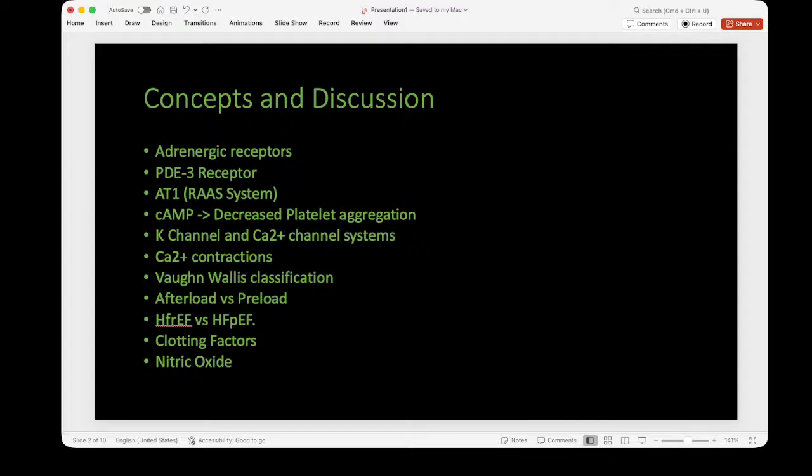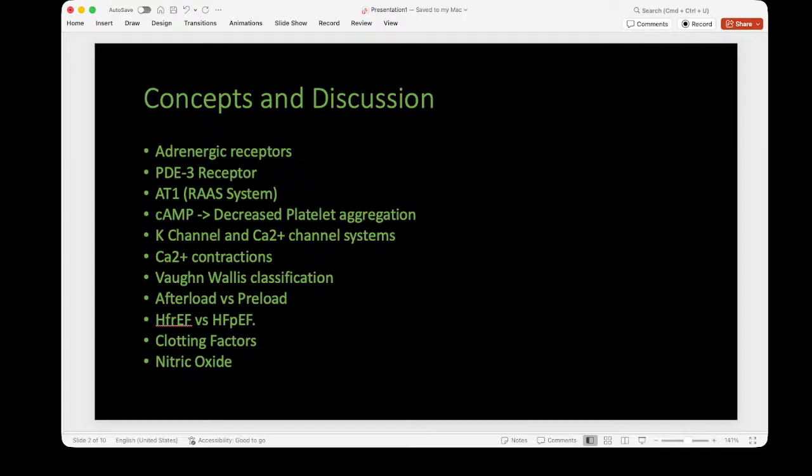The other thing is, it isn't relatively used as much, but it's important, especially since it has some role in terms of the cardiovascular literature, is the PDE enzymes or the PDE receptors. There's a question in one of these slides that deals with the PDE3 receptors.